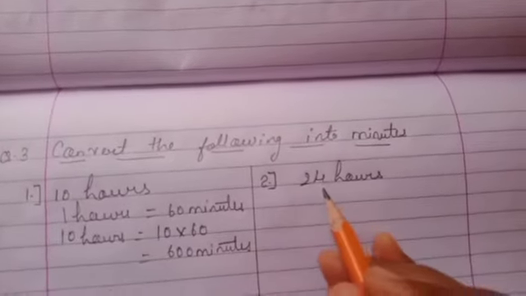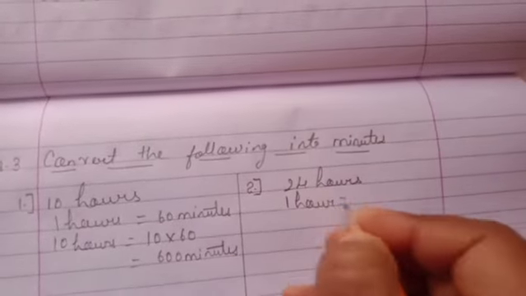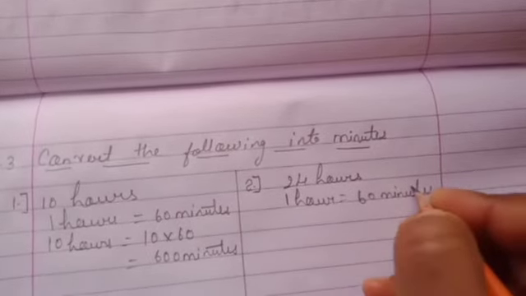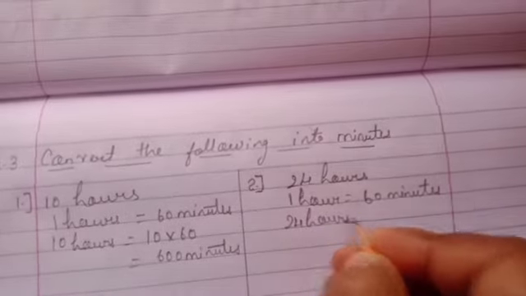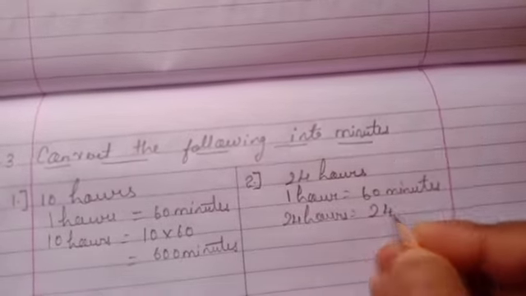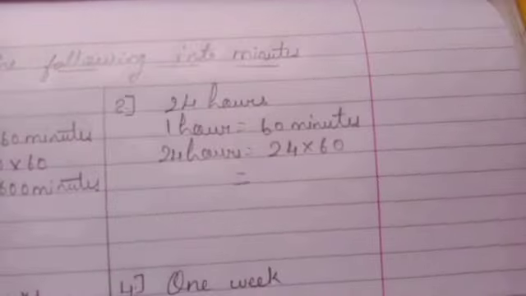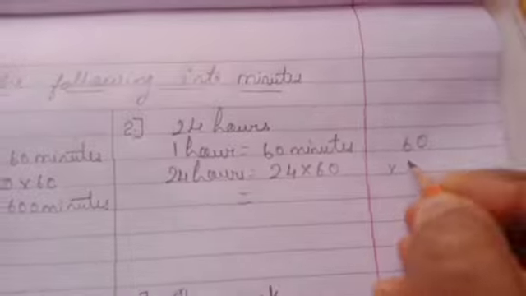Now number 2, 24 hours. In the same way, 1 hour equal to 60 minutes. We are having 24 hours. So 24 hours equal to 24 multiplied by 60. So we have to multiply 60 by 24.